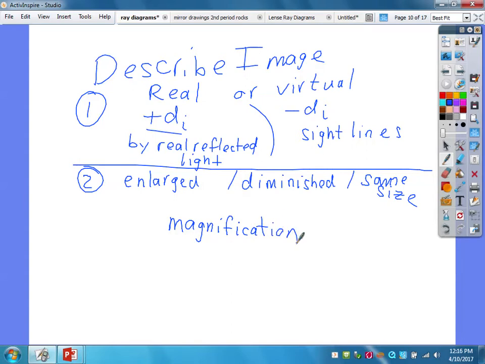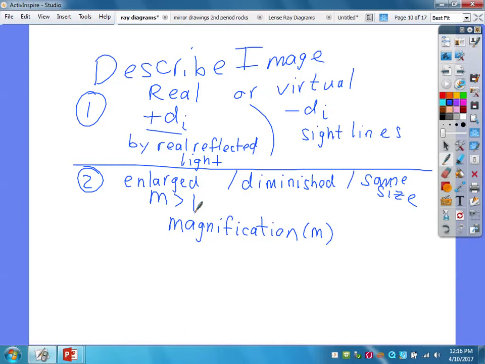Magnification basically tells you whether the image is getting larger, smaller, or staying the same size. The magnification, which will be denoted M, basically, we know it's going to be enlarged if the magnification is greater than 1. You are multiplying the size of the object by the magnification. That's what we're looking at here.